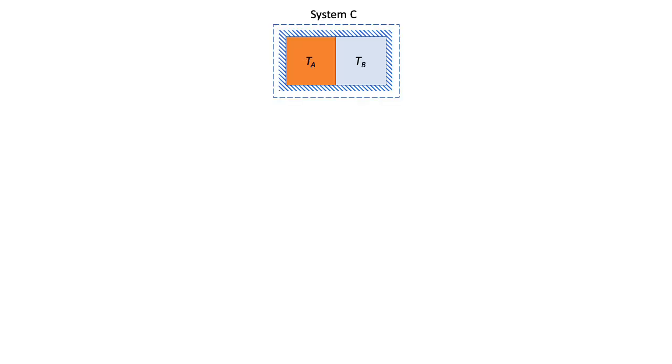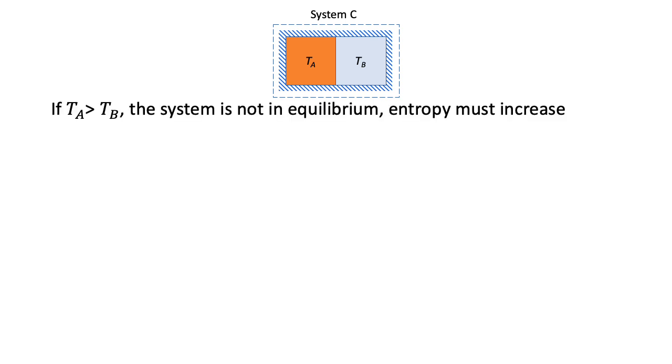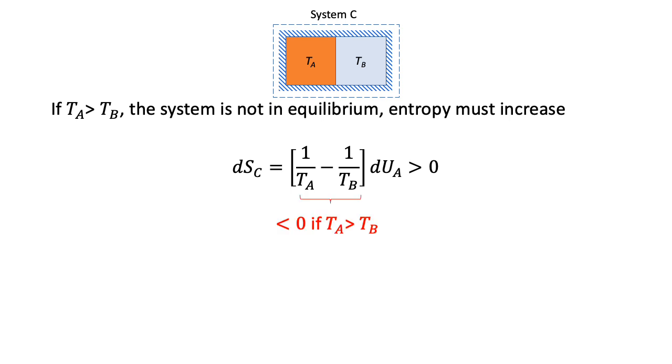But in addition, we have to see what happens if the temperatures are not the same. Let us assume that TA is greater than TB. In this case, the system is not in equilibrium, and therefore the entropy must increase. So dSC, which is (1 upon TA minus 1 upon TB) times dUA, must be greater than 0. Now if TA is greater than TB, the term in brackets is negative. Therefore, to satisfy the inequality, dUA must be less than 0.